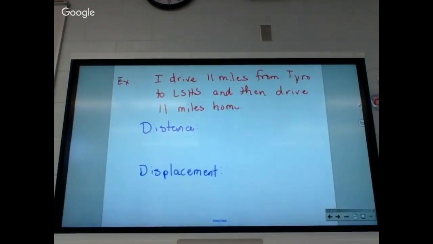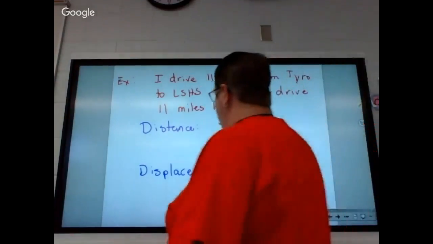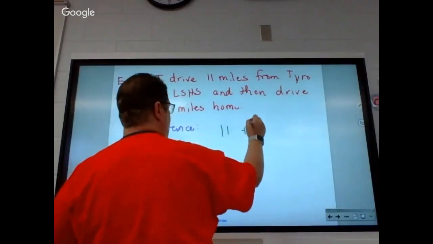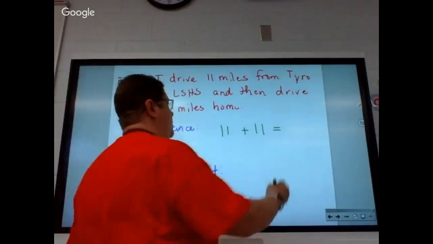Now, distance is every mile I drove today or will drive today. How far did I drive coming to work today? And how far am I going to drive to go home today? So on my car, how many miles am I going to drive to go to and from work? 22 miles.